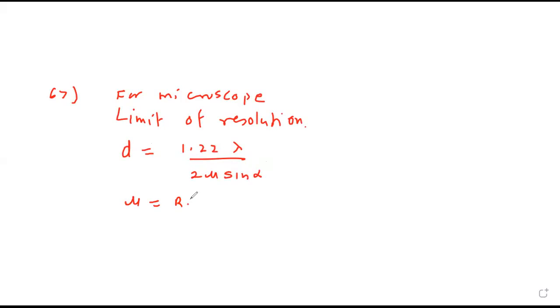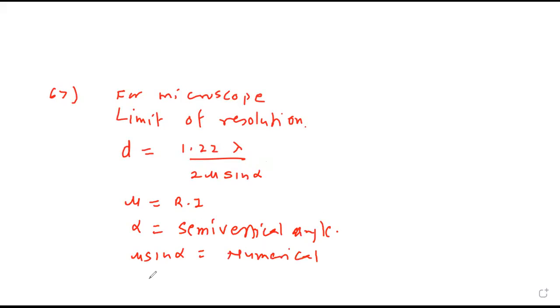Mu is the refractive index, alpha is the semi-vertical angle. Mu sine alpha is called the numerical aperture.